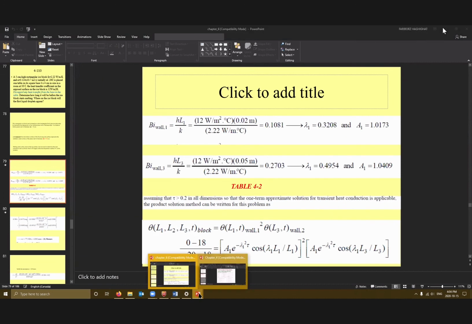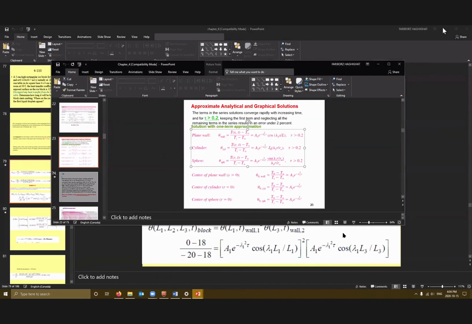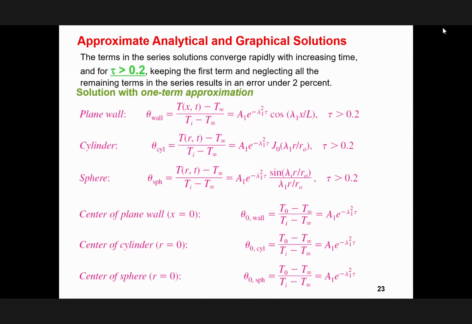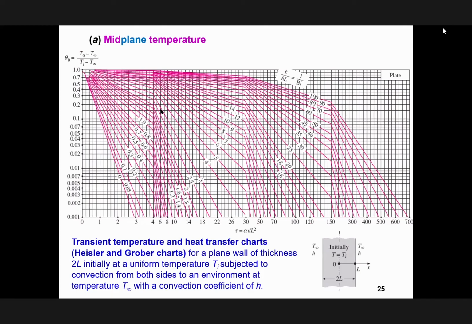Let me show you. Then you have to use this one a few times, okay? Because you have the temperature, you have the Biot number, and here you find the tau value, okay?